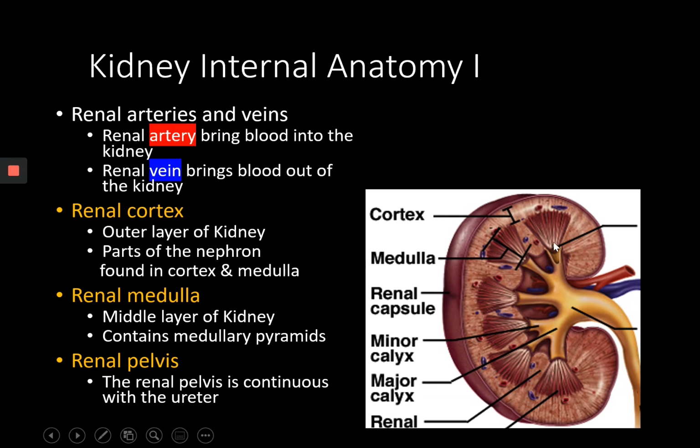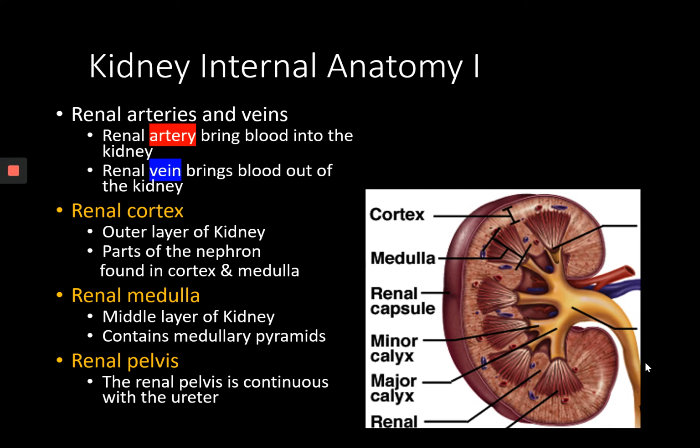So that filtrate is able to drain from the nephron all the way through the collecting duct to the renal papilla and then into a minor calyx. There's a bunch of minor calyces, which then drain into a major calyx or multiple major calyces. Then the major calyces drain into the renal pelvis, which drains into the ureter. Now, the way that we're getting filtrate made is we're filtering the blood.